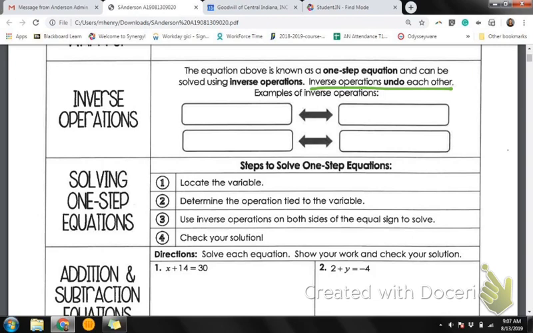So if I talk about addition, what is the inverse operation of addition? What's the thing that undoes? Subtraction, right? And you can go the other way. You can say the inverse operation of subtraction is addition.